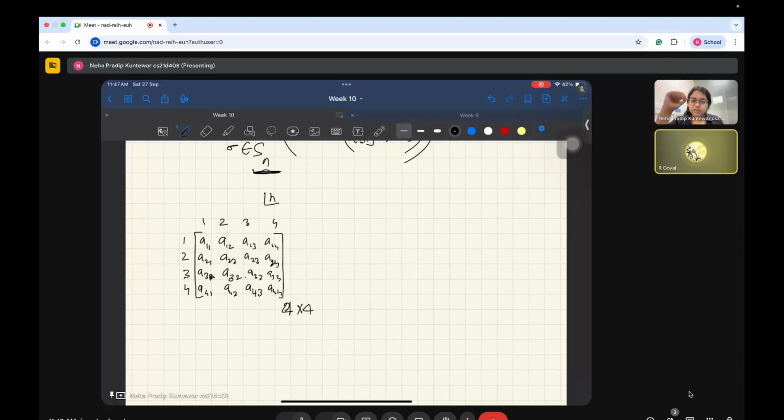If I take the value of A11 and find the adjoint of the remaining stuff, that would be a 3 cross 3 matrix. Then I take A12, and again 3 cross 3. So how many calculations have been made? 4 into 3 adjoint matrices. And how many permutations are there in the three adjoint matrices?